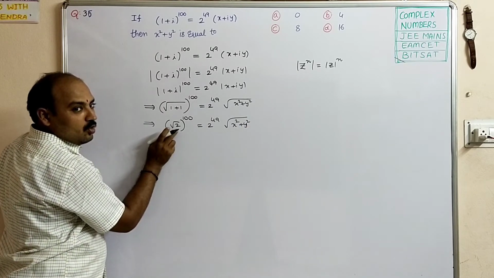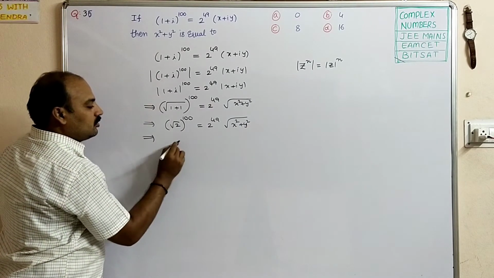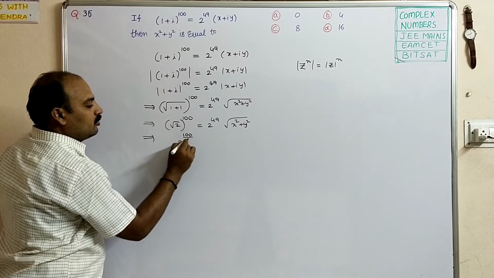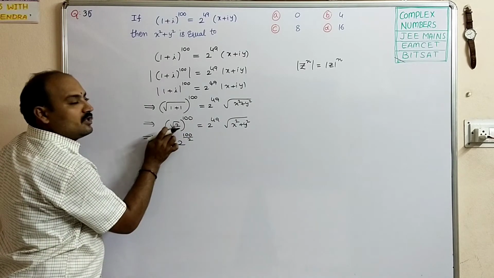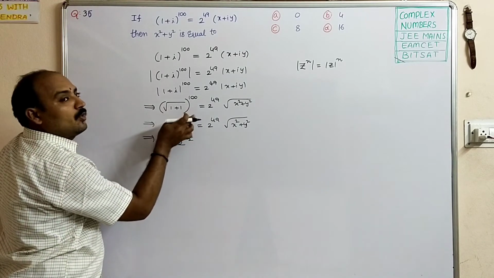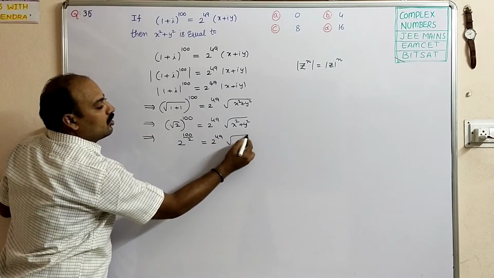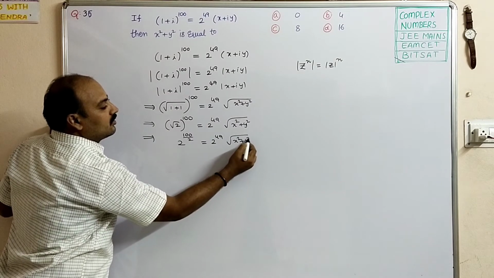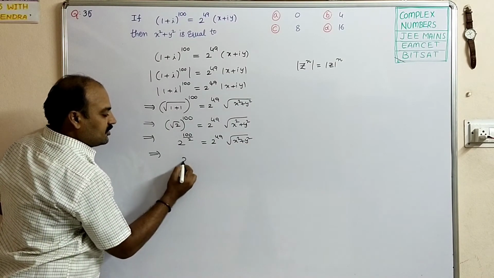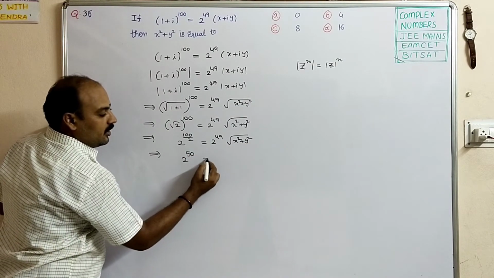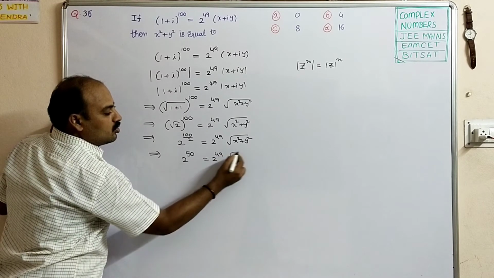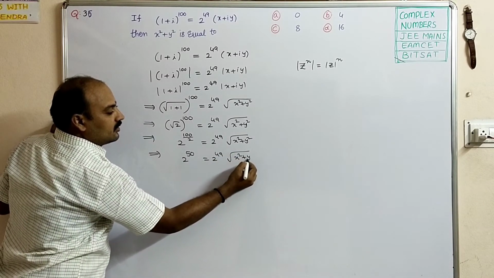Root 2 means 2 power 1 by 2, so 2 power 1 by 2 whole power 100, 2 power 100 by 2, equal to 2 power 49 into root of x square plus y square. So 2 power 50 equal to 2 power 49 into root of x square plus y square.